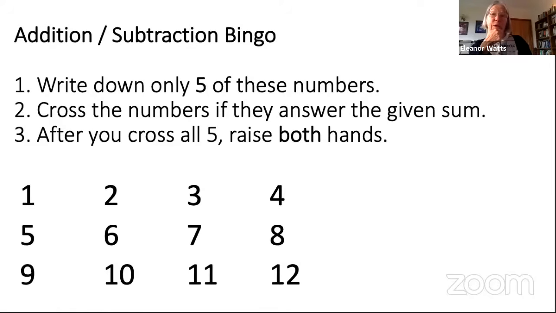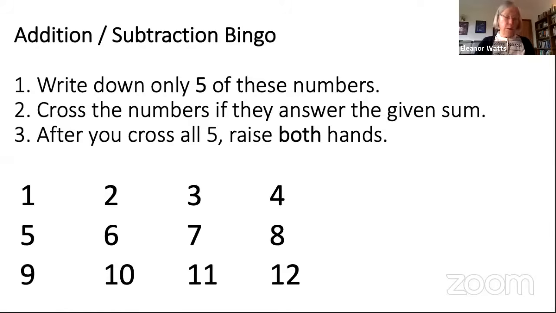If you have the answer to the sum, please will you cross that number. When you've crossed all 5 numbers, can you raise both hands? Now, of course, in a normal classroom, we'd say bingo, but because this isn't a normal classroom, you're signalling bingo by raising both hands. Okay, are you ready? You've written 5 numbers. Good.